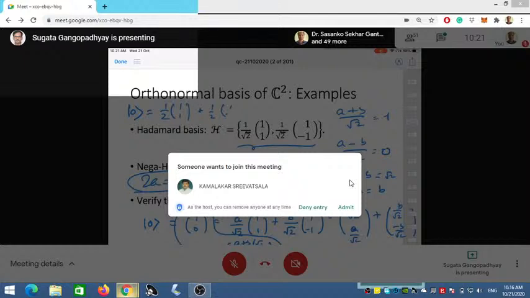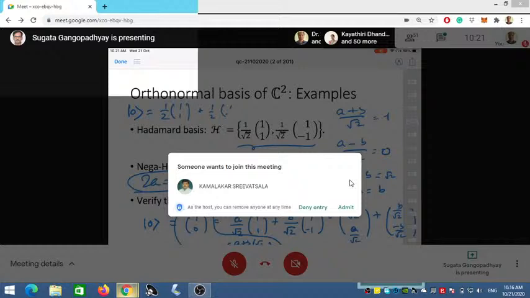This means that we have 1 by root 2, and a plus b and a minus b.